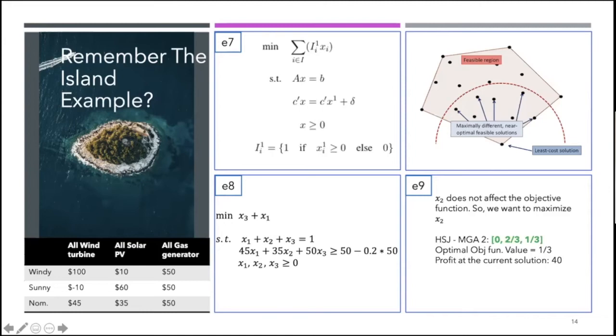right? So this might not necessarily be the actual second maximally different solution. So we try to use another formulation to find out if this solution is actually the second maximally different solution.